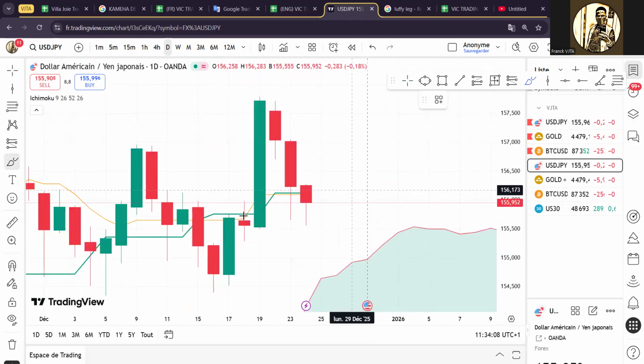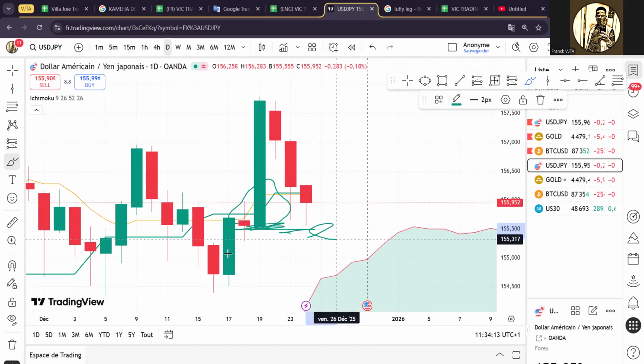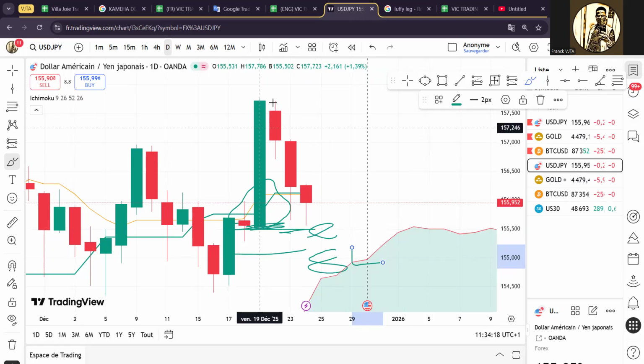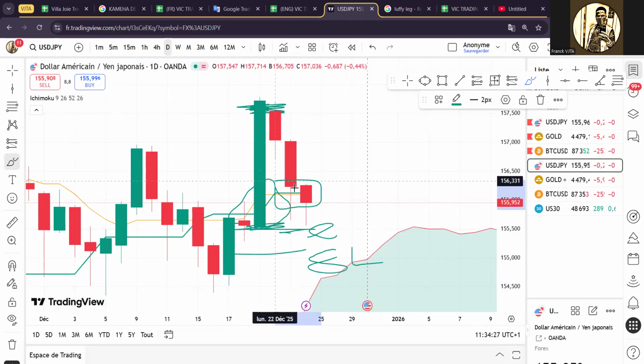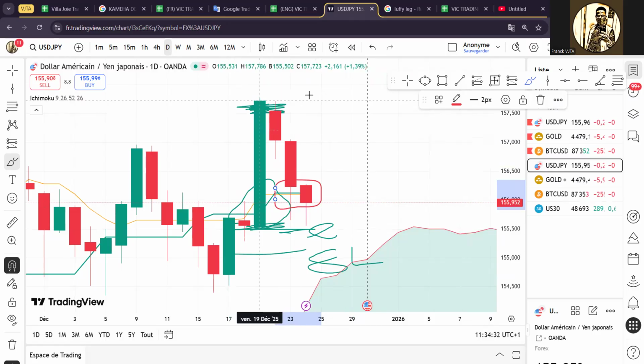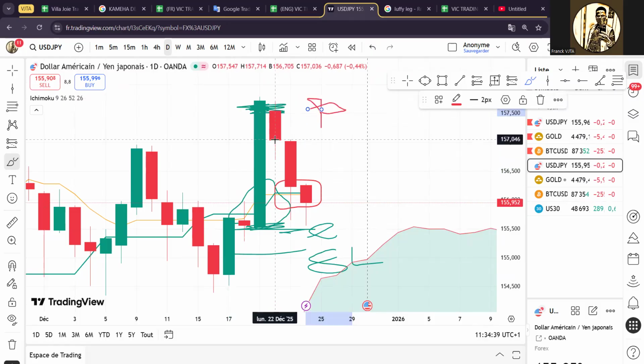If your entry was here, you entered there, you placed your stop loss somewhere here on 15 minutes, and the candles were already above at this level, and then you see Tenkan going below Kijun, doing a correction, brother. Take all your profit. Take all your profit at this level, because it's a reversal factor.